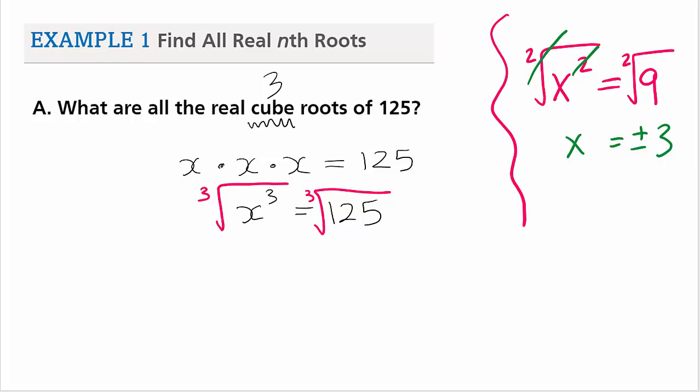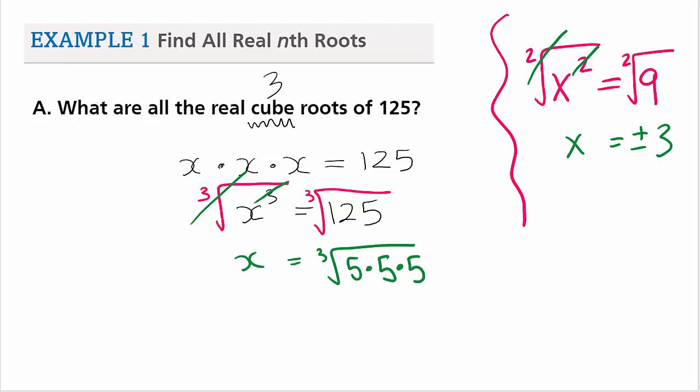Now let's take that same concept over to the left-hand side. If we have x cubed, we want to get rid of that x cubed, so we end up canceling here and we get x. So then we're saying what number multiplied by itself 3 times is equal to 125. Well, it's 5 times 5 times 5.